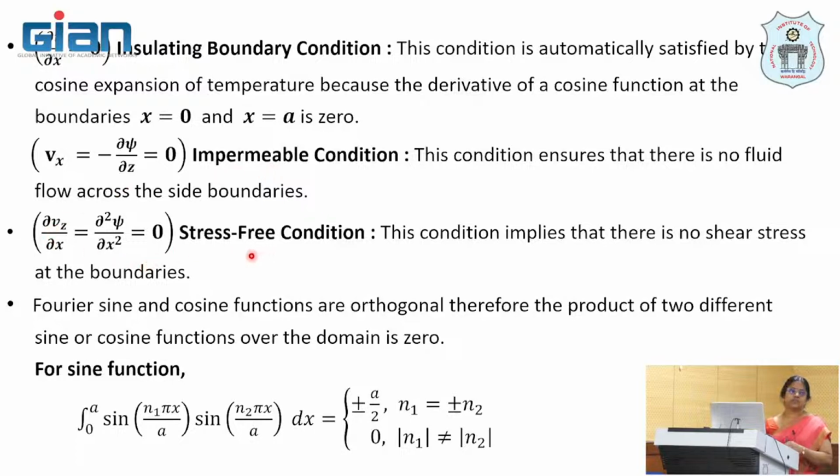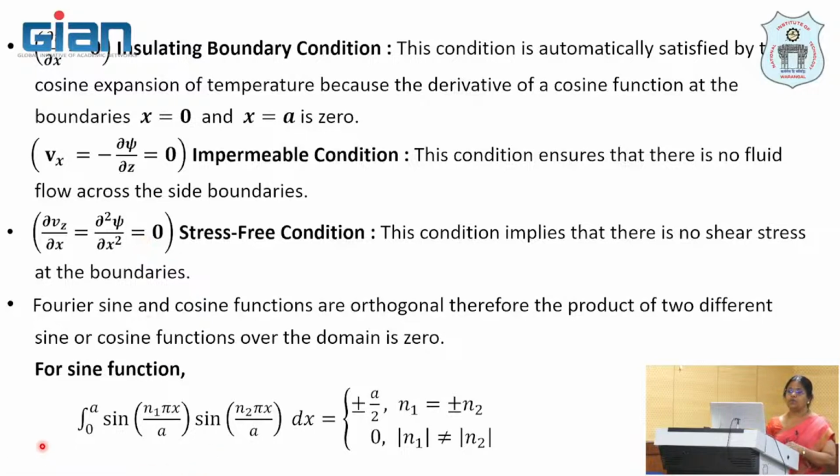Then comes the stress-free condition; how it is mathematically given is represented here. Vx in terms of the stream function is given like this, and it should satisfy the impermeable condition, that is, it vanishes. And the stress-free condition is given like this.